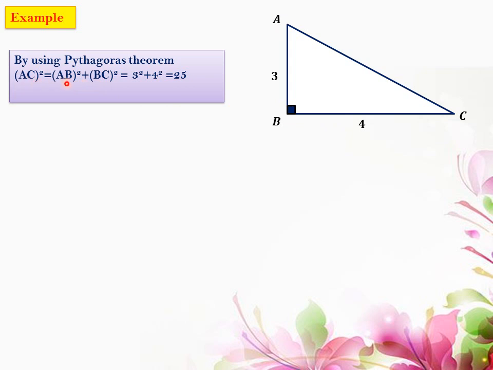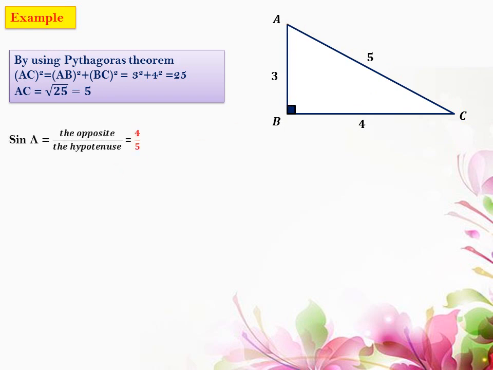Then it will be 3 square plus 4 square. By using your calculator, it will be 25. But I want AC only without square, so we will take the square root. The square root of 25 is 5. Now we have the length of all the sides of the triangle.